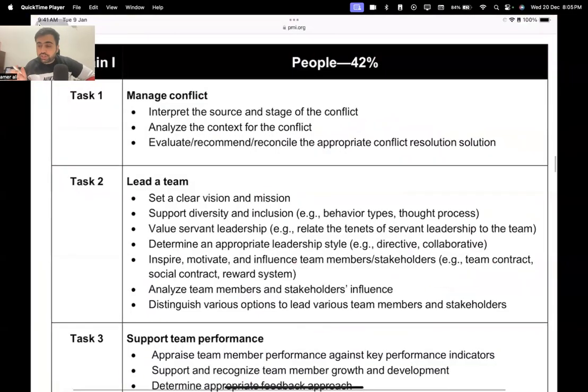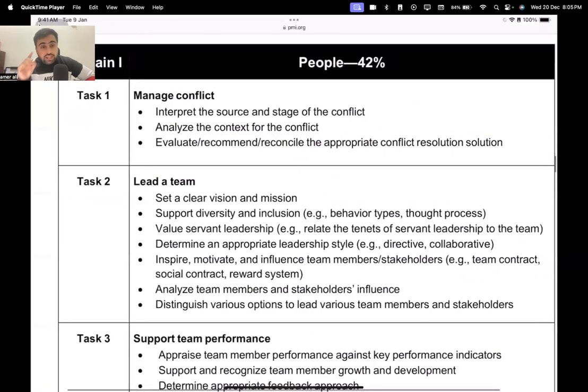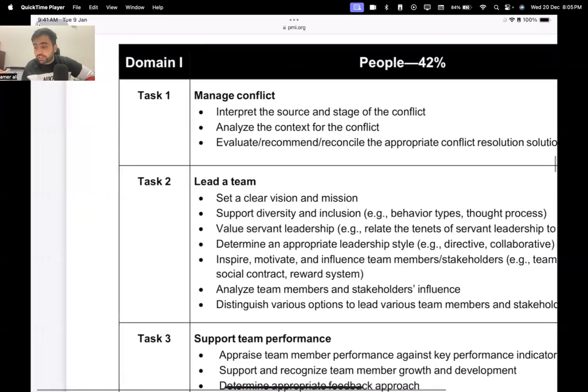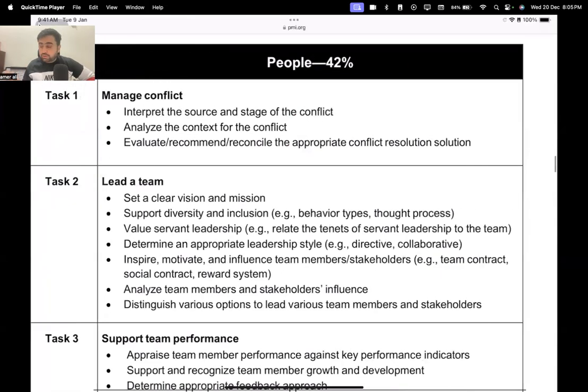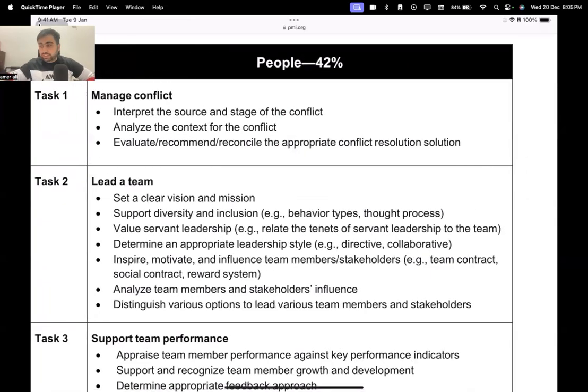It's very important to see that even the task one is straightforward about conflict management. Because when we talk about it, the project manager's job is to understand each and every single thing about the team and work to improve that.